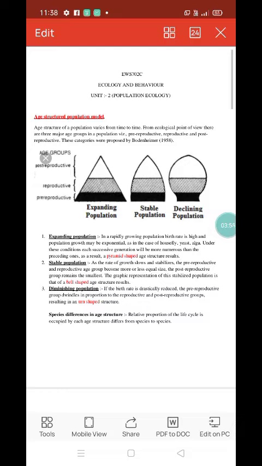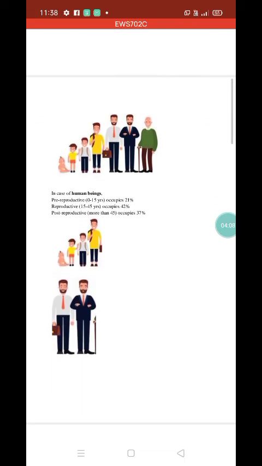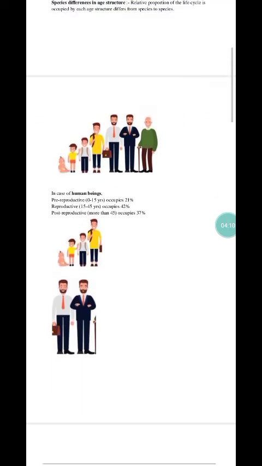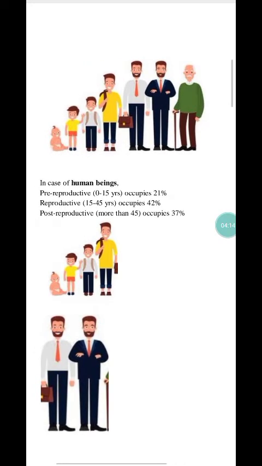Now, the age structure of a population is different in different living organisms, so we will be studying that. In the case of human beings, from 0 to 15 years of age it is about 21%. This is just a general view of the human species.